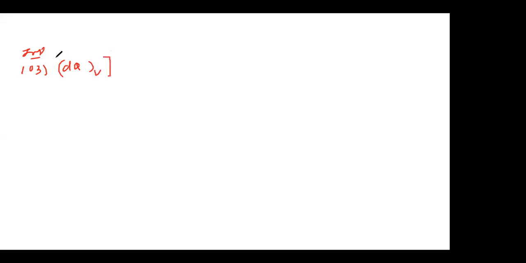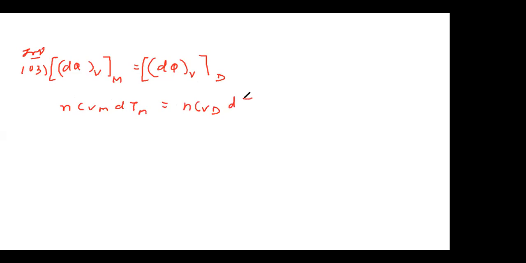So amount of heat supplied at constant volume for monoatomic gas is same amount of heat supplied for diatomic gas. Even we'll always take diatomic rigid gas. Now this is n times Cv for monoatomic gas into rise in temperature of monoatomic. This is n Cv for diatomic into rise in temperature of diatomic. Mole is same, will get cancelled.